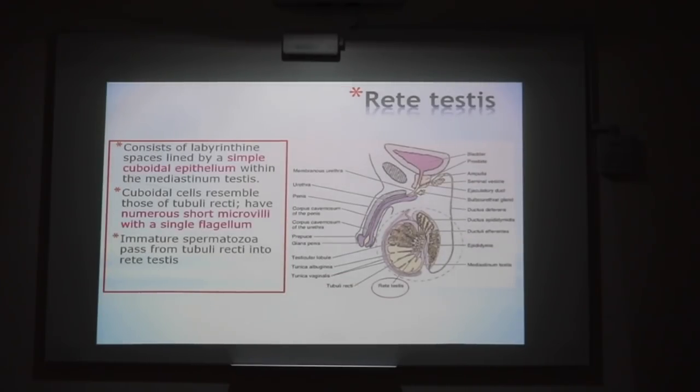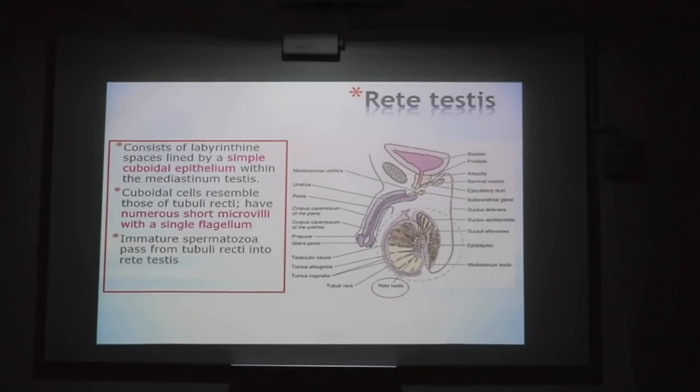If we go to the rete testis, which is basically a union or meshwork of tubules, this mainly consists of simple cuboidal epithelium, with numerous short microvilli and a single flagellum. So it resembles the later half of the straight tubules.